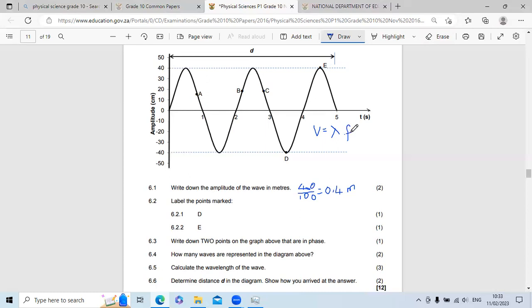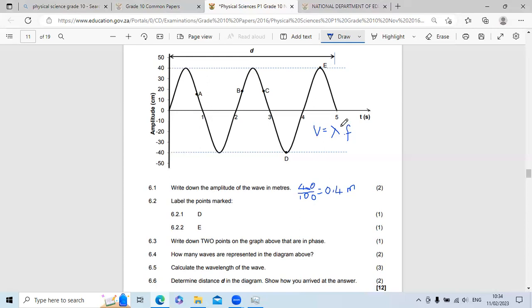Do you remember this equation from class?